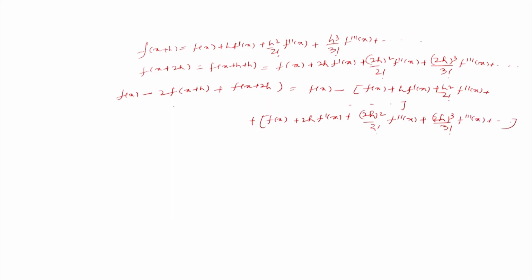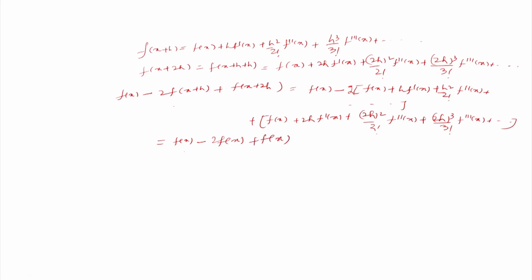If you combine all these terms, then we can see that this is minus f of x, this is plus f of x, so it can cancel out. This is nothing but 2 we are multiplying here. So that's why this is f of x minus 2 f of x plus f of x.